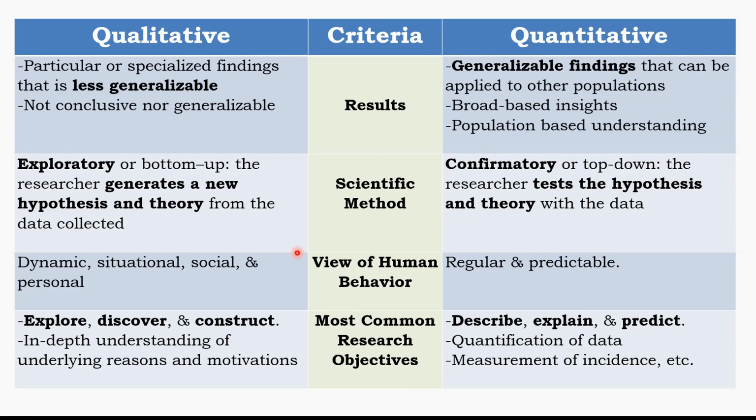What about view of human behavior as a criterion? For qualitative, it is dynamic, situational, social, and personal, while quantitative is regular and predictable. Predictable is because you identify as a researcher the variables that you are going to study.